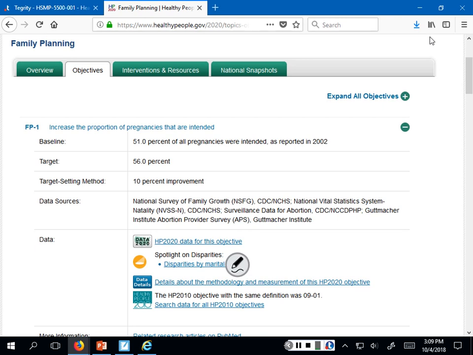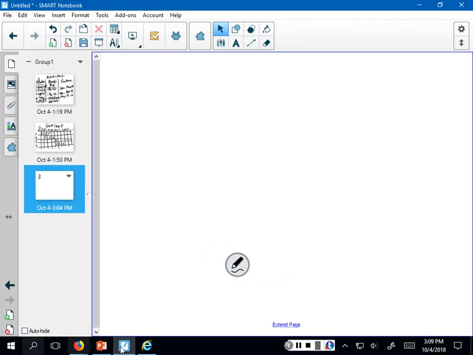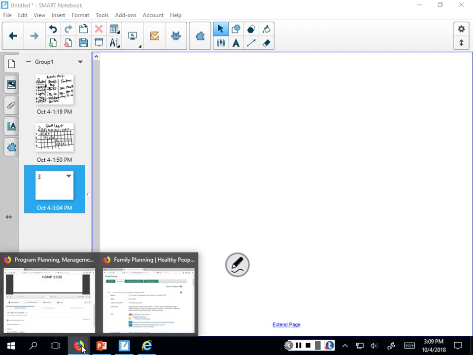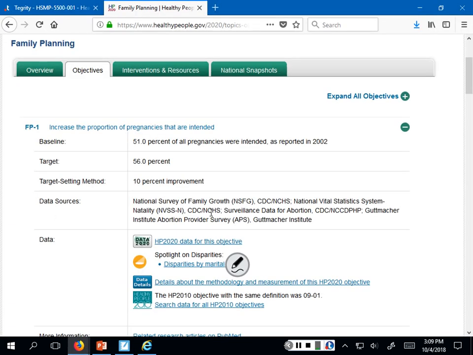What data are we going to be looking for? Maybe health records, abortion rates. Look here, it tells you the sources of data. The National Survey of Family Growth, conducted by the CDC, is one source. It tracks intended versus unintended pregnancy.